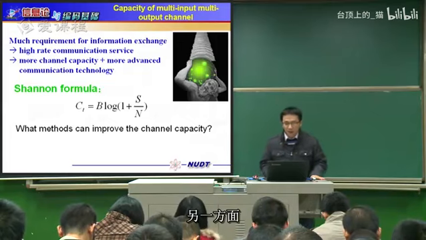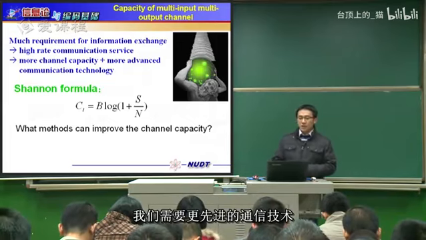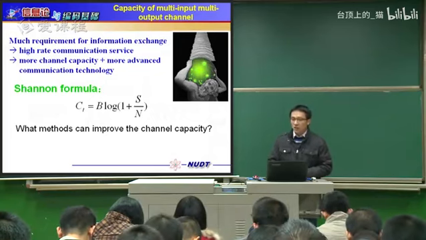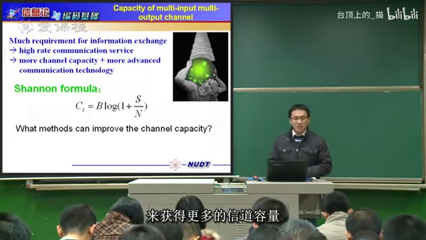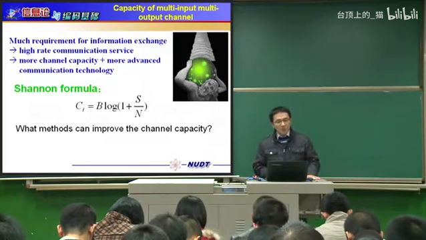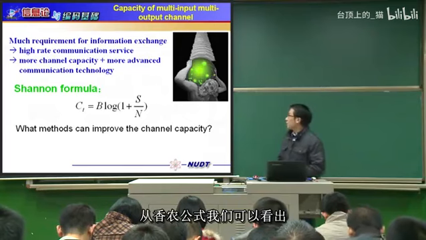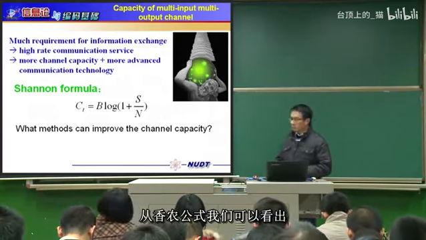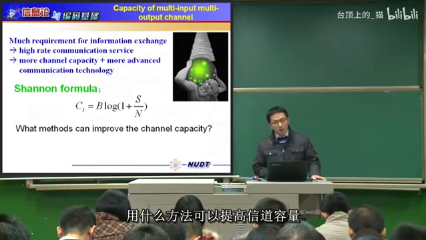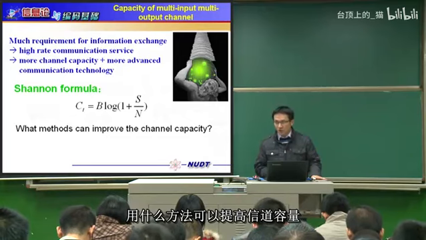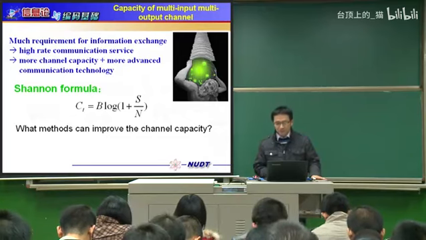And on the other hand, we also need more advanced communication technology to exploit such capacity. We can see from Shannon's formula, this expression, please think what methods can improve the channel capacity.